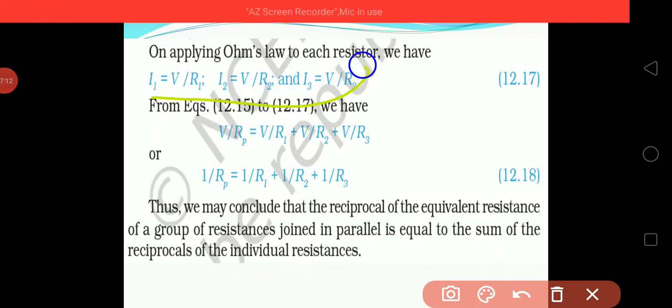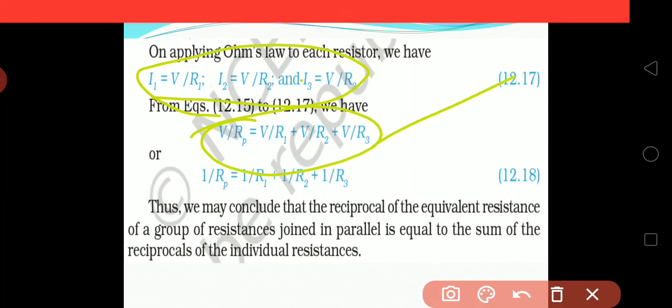In series we have seen that the potential difference is different for different resistances, but here in parallel the potential difference across all three is equal. So we take V as common, and we get 1 upon Rp = 1 upon R1 + 1 upon R2 + 1 upon R3.